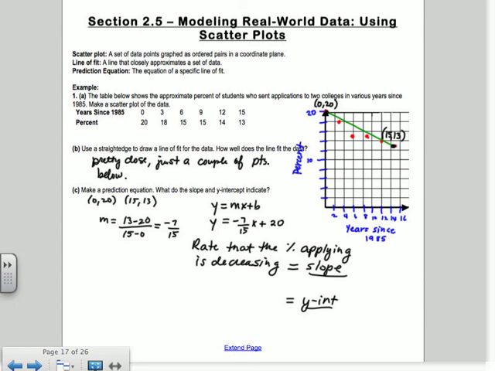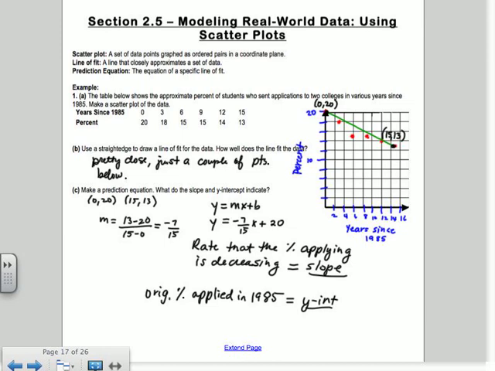Alex? Do you know? I have no idea. Monica, do you know? The amount of percentage of applicants in 1985. Yeah, it was your original number that applied in 1985, right? So it was the original percent that applied in 1985. All right, so you kind of need to think about what those values mean when you solve for them.